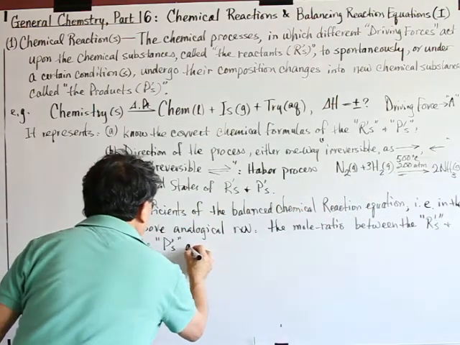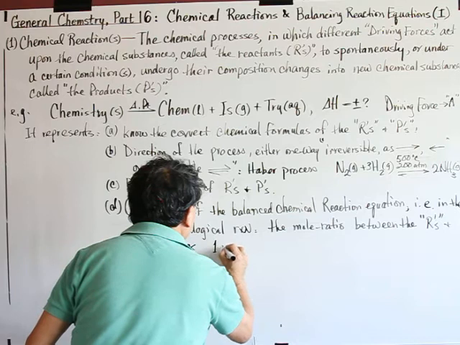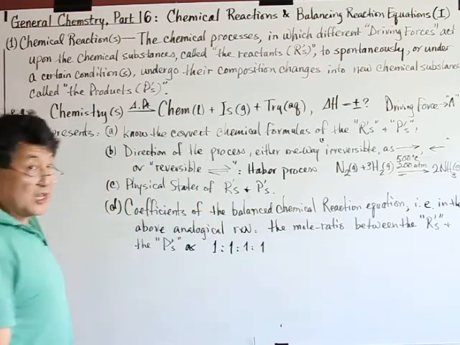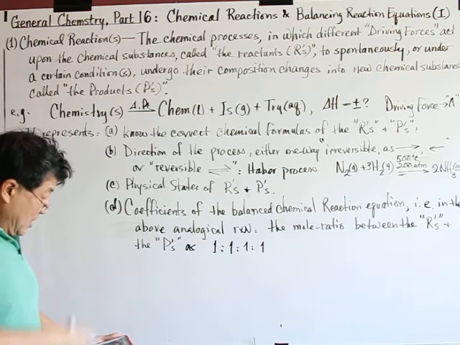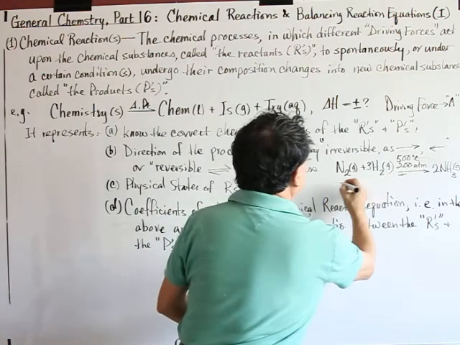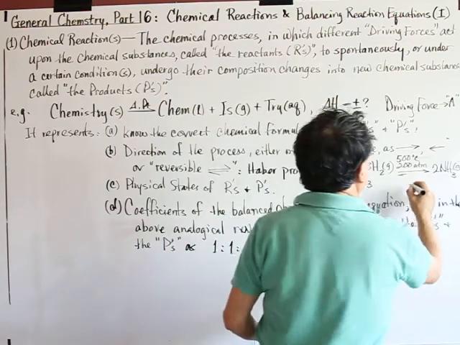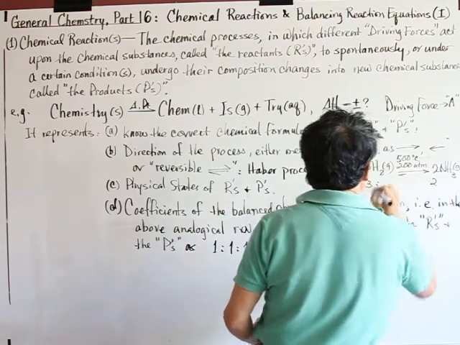Product as what? 1 to 1 to 1 to 1. That is a particular case, but not always the same. You have 1 to 2. So for instance, here it's 1 to 3 to 2. That's the mole ratio.